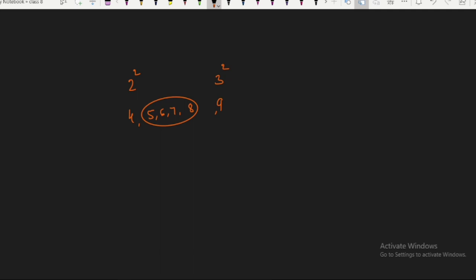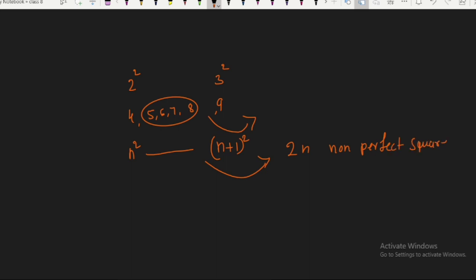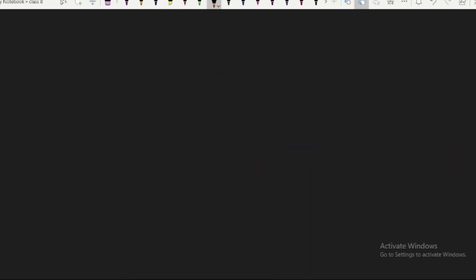There is a method to find how many numbers lie between any two consecutive square numbers. If you take 2 square as n square, the next is n plus 1 whole square. Between n square and n plus 1 whole square, there are 2n non-perfect square numbers lying.